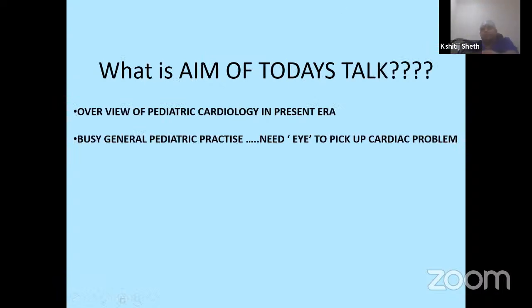So the aim of today's talk is basically to have an overview of pediatric cardiology in the current era, what all things we do and how we manage patients. And most important from a physician or practitioner point of view, in a busy practice where you are seeing a lot of patients and a lot of kids, you need to have an eye to pick up cardiac problems.